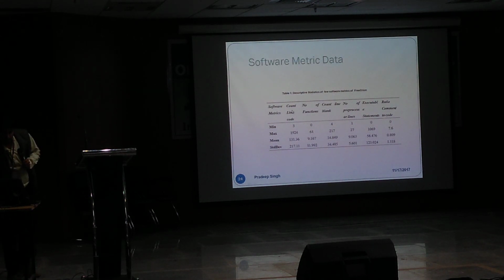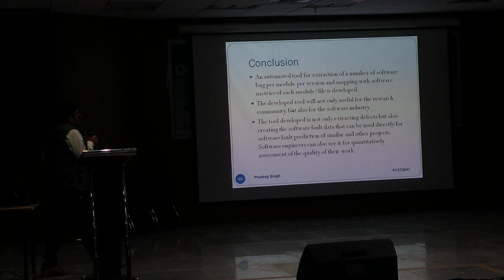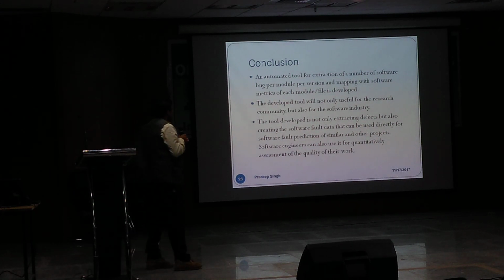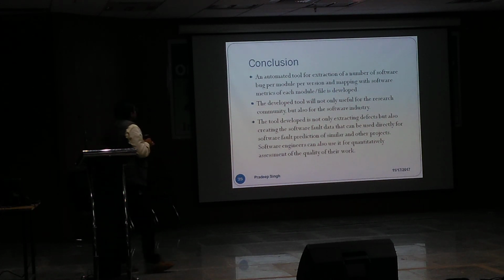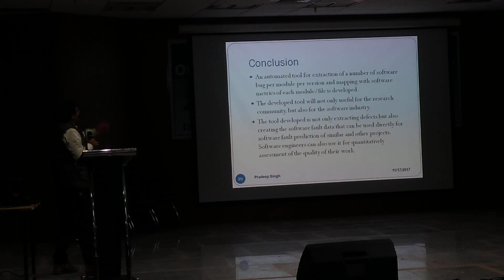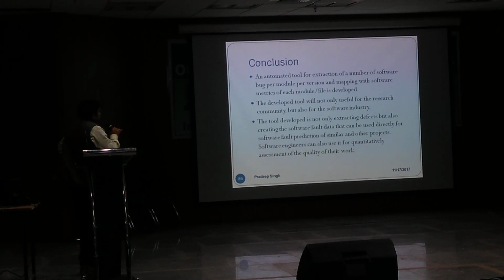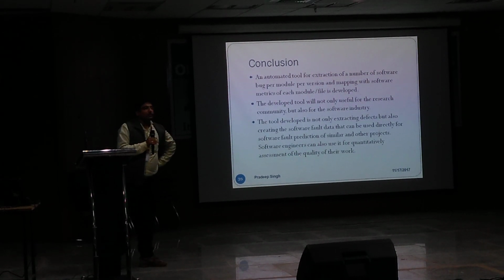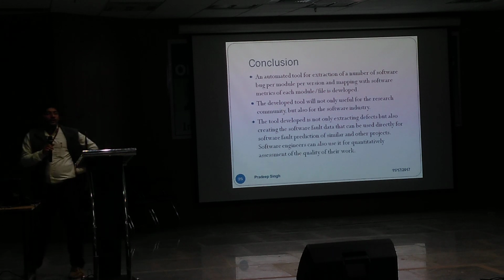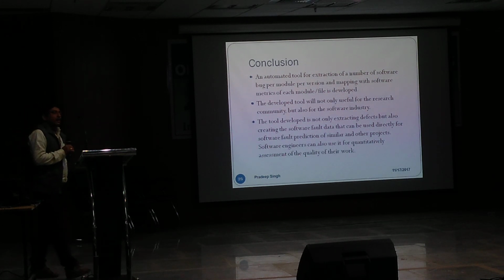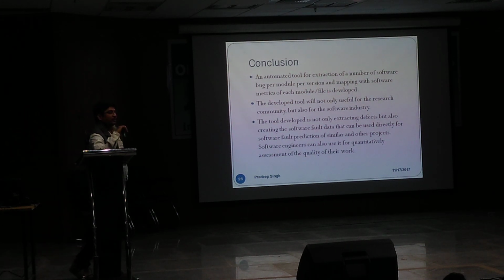This is how we can automatically extract the software fault data, the number of software bugs per module per version, and map it with the software metrics. It will help not only researchers but also the software industry in finding out how many bugs you have in a specific module, what complexity it has, how many lines of code, what the complexity is, KLOC, DIT, and everything.